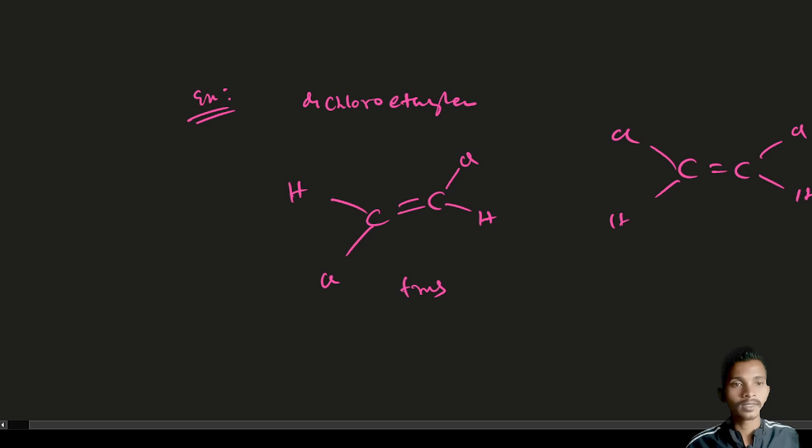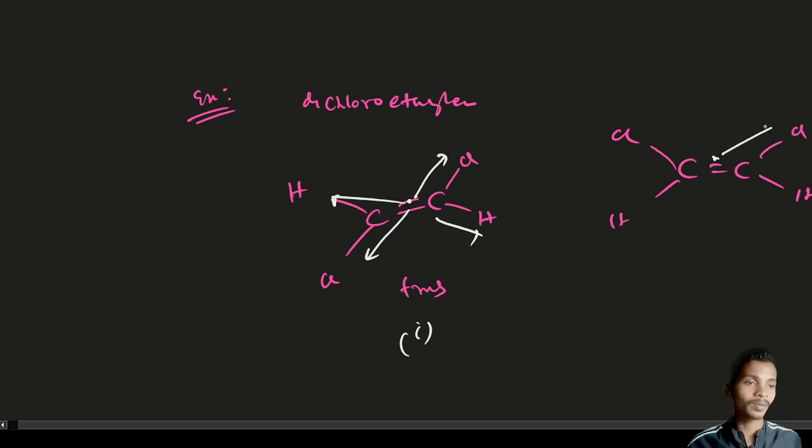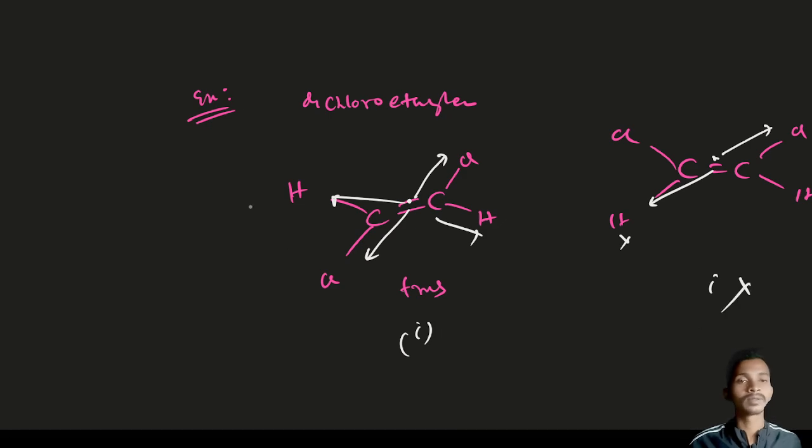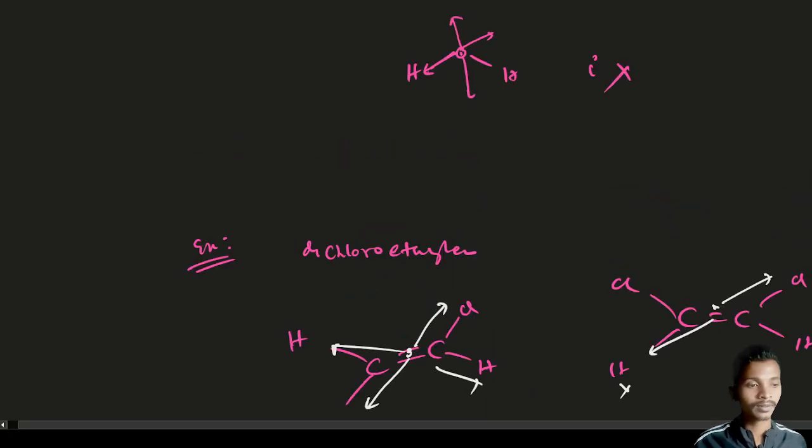Then from this point, if I proceed, I get Cl, and proceeding the other way, Cl, which means i is present. Here from this point, if I proceed, Cl, but proceeding the other way, hydrogen is there, which means i is absent. So this is very easy to identify: from one point, if you proceed in any direction and you get the same atoms, then i is present.